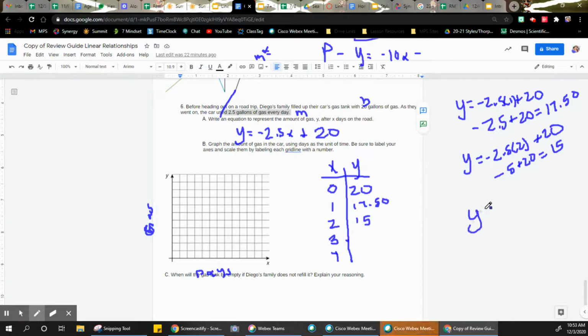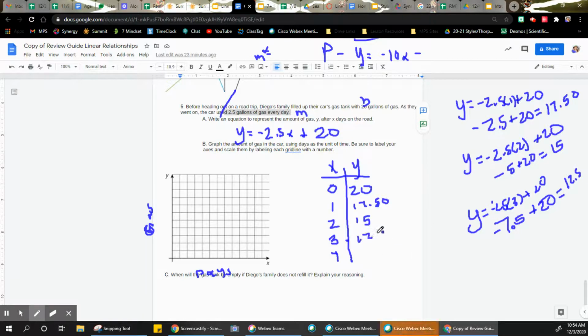Then y equals negative 2.5 times 3 plus 20. Well, 3 times 5 is 15. Carry the 1. Put a decimal in there. 3 times 2 is 6 plus 1 is 7. And it's going to be negative because it's a negative times positive. So now I have negative 7.5 plus 20. If I owe you $7.50 and I have 20 in my pocket, I'm going to have 12.5 at the end of the day.